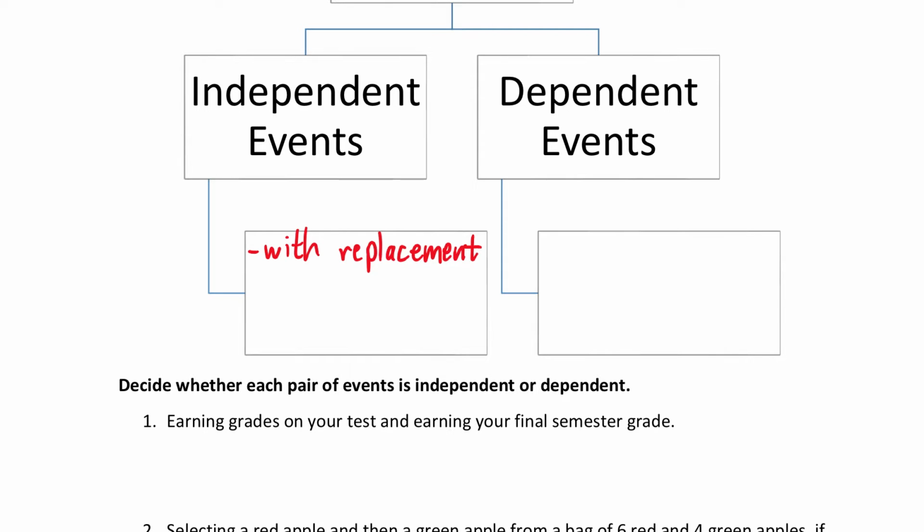Okay? The second thing is that independent does not affect the latter results.